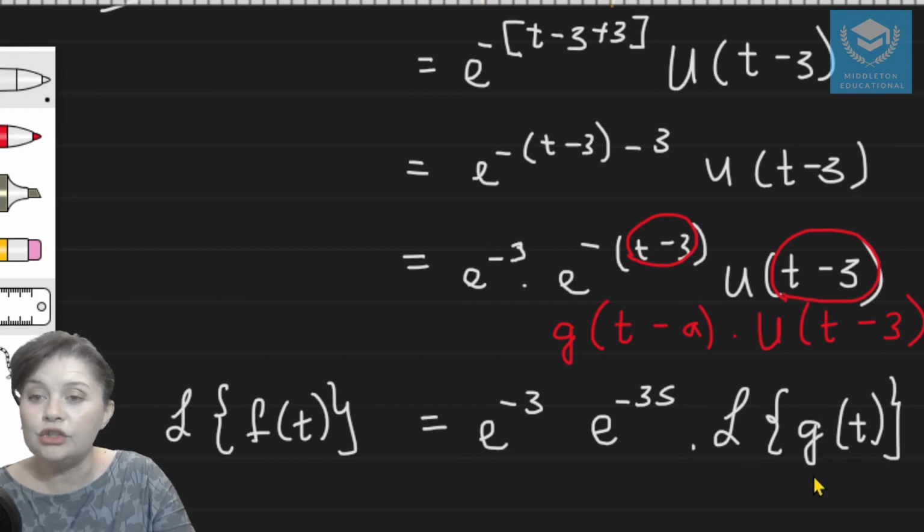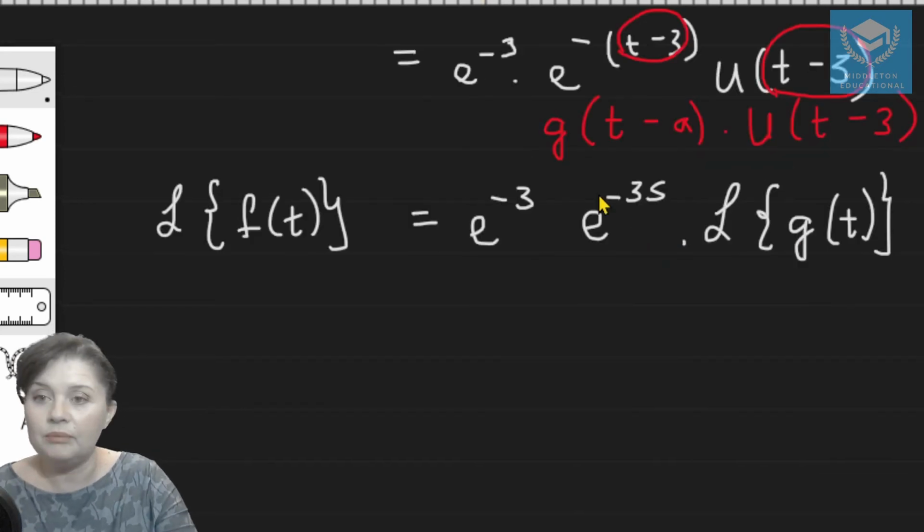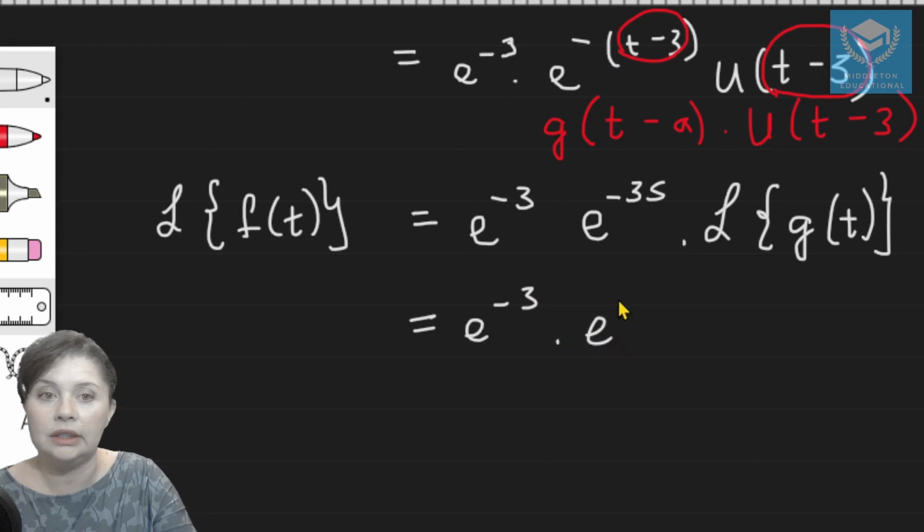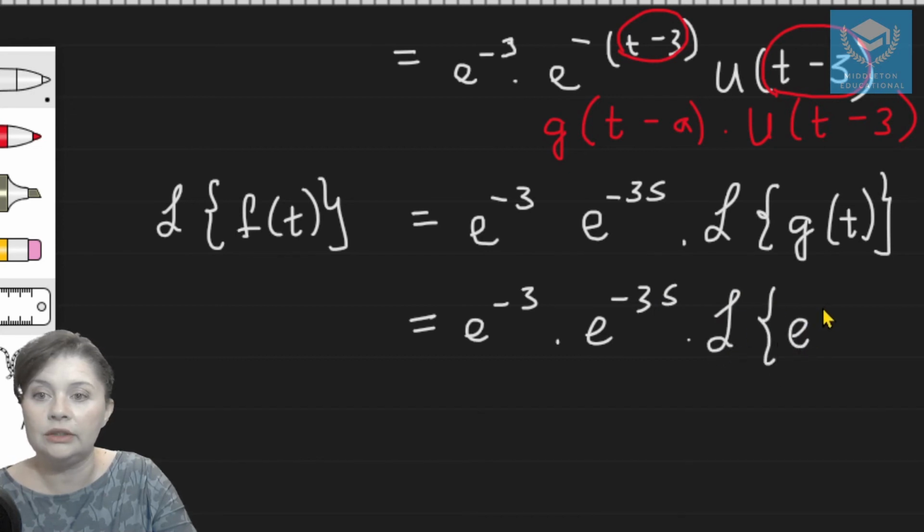And our function g in this case is going to be this e to the power minus t, because the e is acting on the t. So we have e to the power minus 3, e to the minus 3s, times the Laplace transform of e to the power minus t.